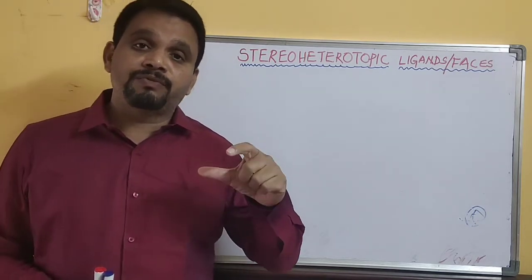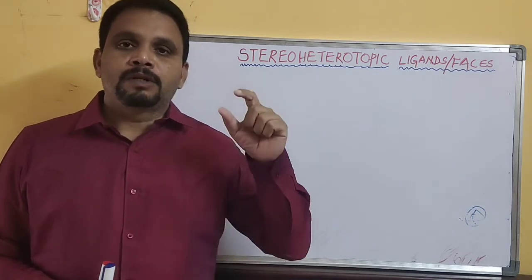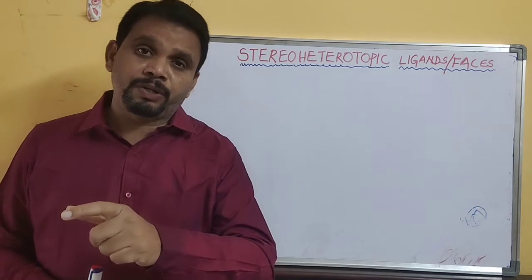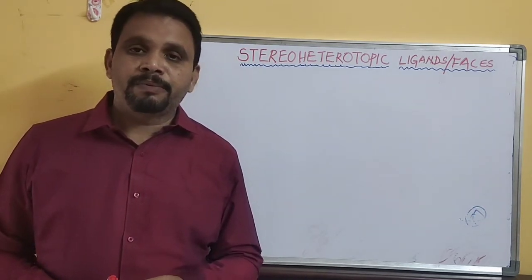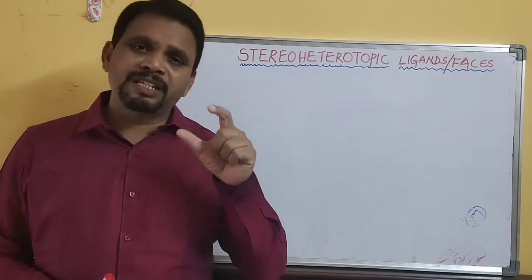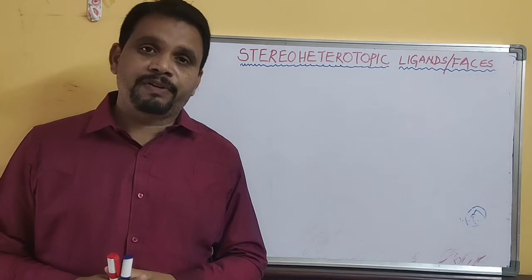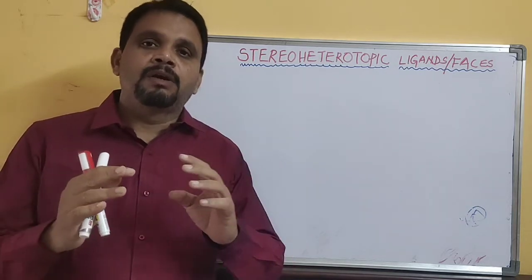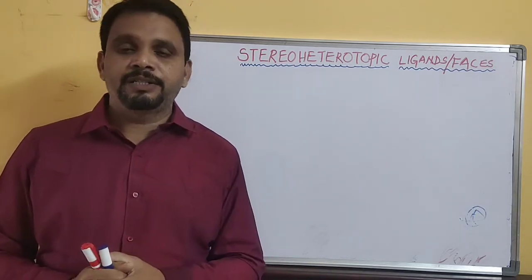Stereoheterotopic units are further divided as enantiotopic units and diastereotopic units. As I told you in my previous classes, ligands may be considered as atoms or groups, and phases are different. So atoms, groups and phases, all of them together can be considered as units, right?